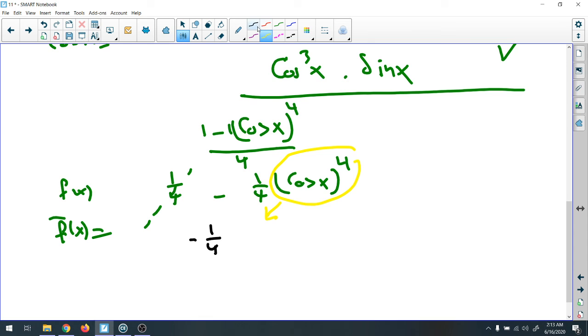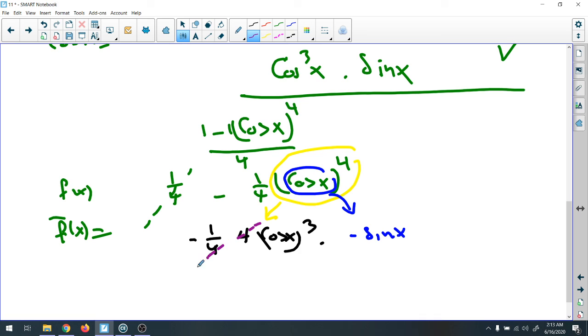That's a power function. So watch. First you put down 4, keep cosine, then subtract 1 from the exponent: 4 minus 1 is 3. So it's 4 times cosine x to the third times the derivative of the inside, the derivative of cosine, which is negative sine. Now let's finalize it.